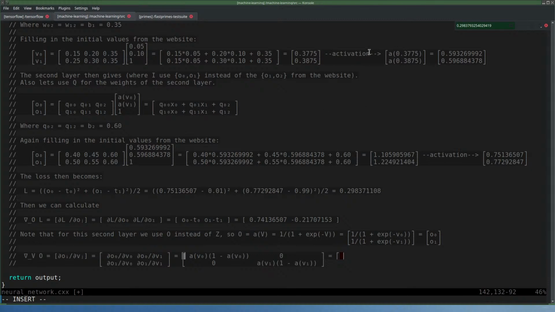Now I can fill in the numbers, I guess, for this one as well. Okay, so here we have V0 is this, and then the activation of that is that. So A of V0 is this number. So this is that times 1 minus that.